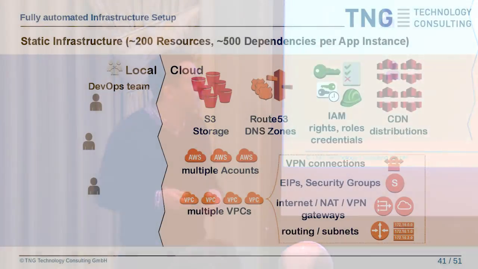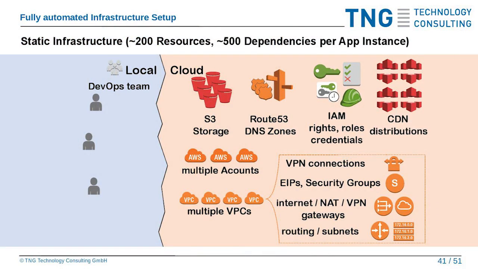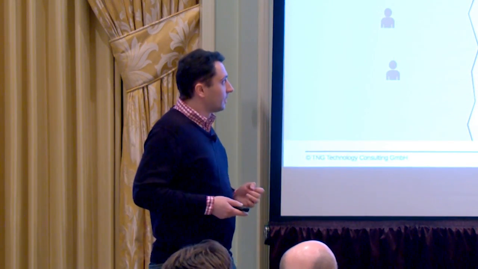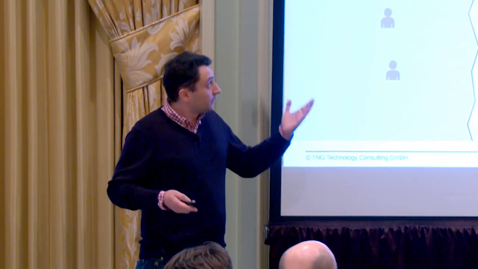The main reason is we have something like 200 resources for a single application instance around our deployment, which do not change. So mainly security groups, but also a lot of rights and roles for certain parts of your infrastructure. We try to restrict those as much as possible, and then the number, of course, gets quite large. And the dependencies are quite many too.